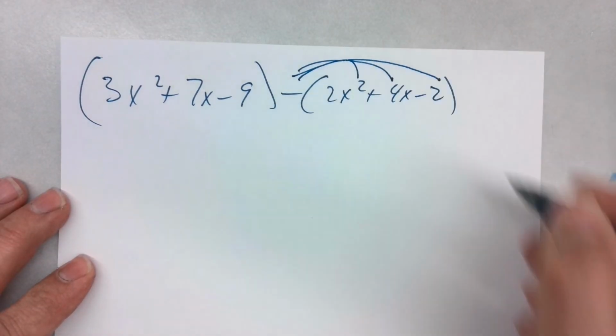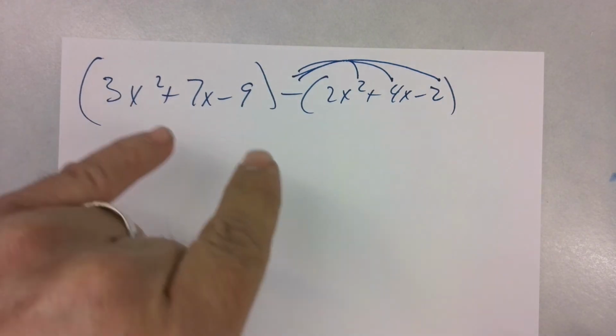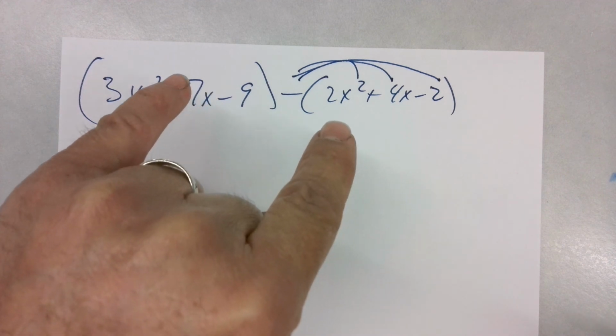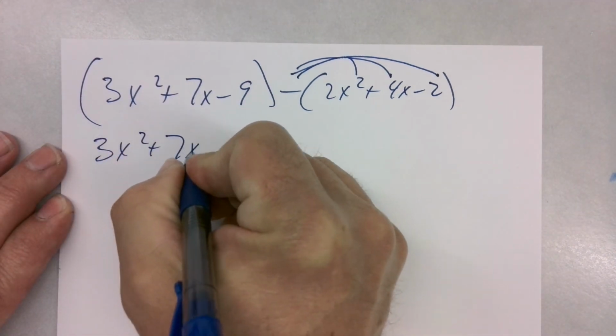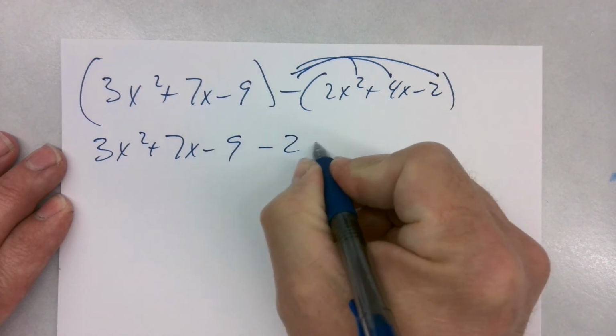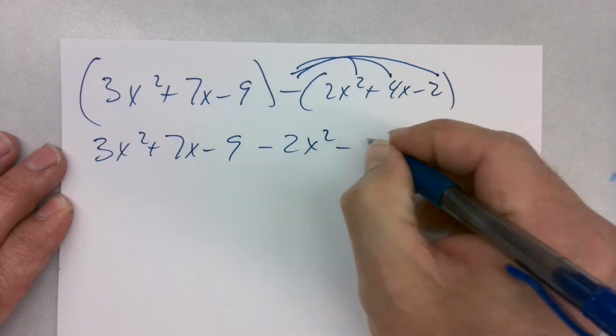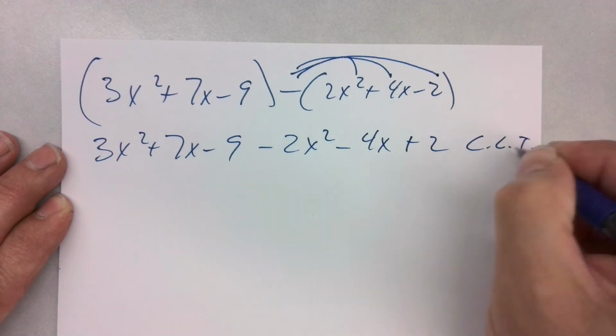Now, you all say this, but I remember helping someone, and they had done the multiplication on this. Okay? So I'm going to get 3x squared plus 7x minus 9, and then I'm going to get minus 2x squared minus 4x plus 2. And then I just combine like terms, right?